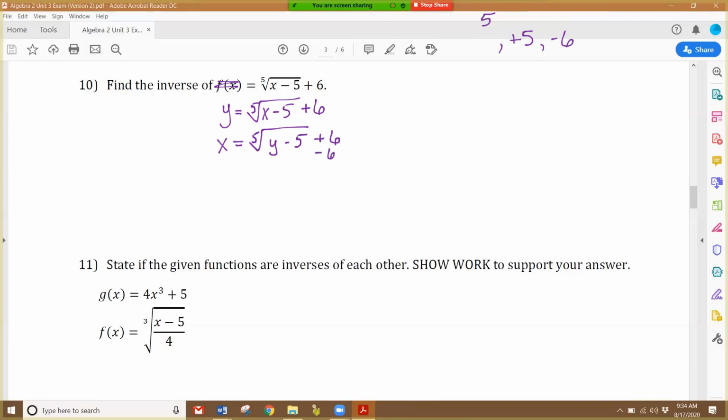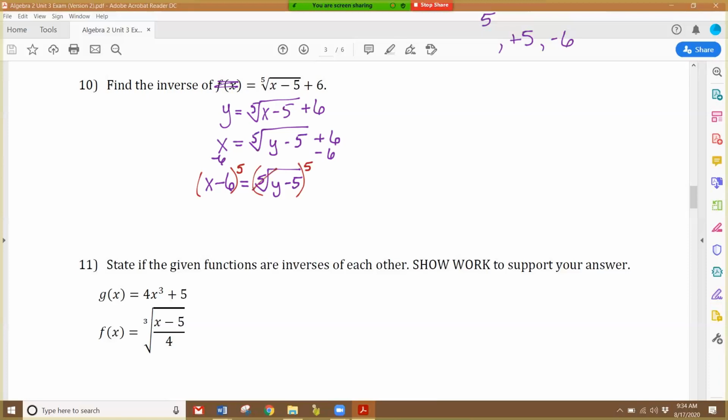So we're going to subtract 6 from both sides. So x minus 6 on the left equals the 5th root of y minus 5. Now that the 5th root is isolated, we can go ahead and raise things to the 5th power. So I'm raising the right side to the 5th power and the left side.